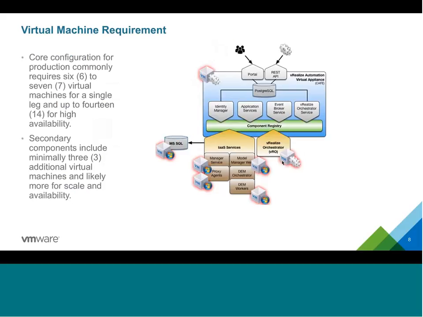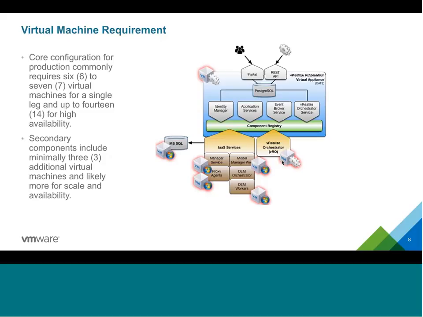But if it's a very small environment or POC environment, you can even install SQL Server inside the IaaS services machine. So a single Windows machine, put all the services there, and vRO as internal vRO. In that case, you would need 2 machines. That's the minimum requirement. And then you can do obviously a distributed deployment, which will require somewhere around 14.